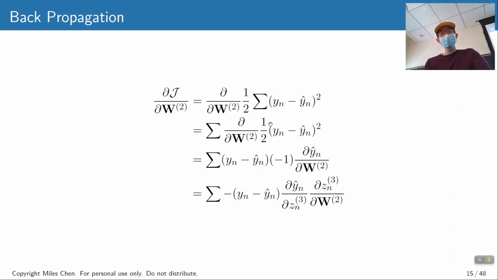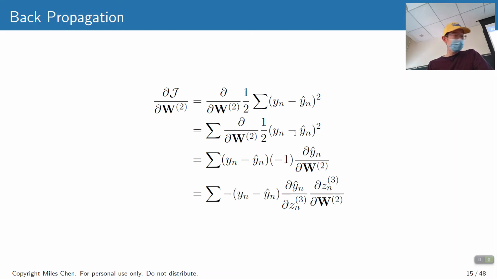So now I have this, and we want to know how it changes with respect to W2. When I do this, the 2 comes down, and I have yn minus y hat, and I apply the chain rule.